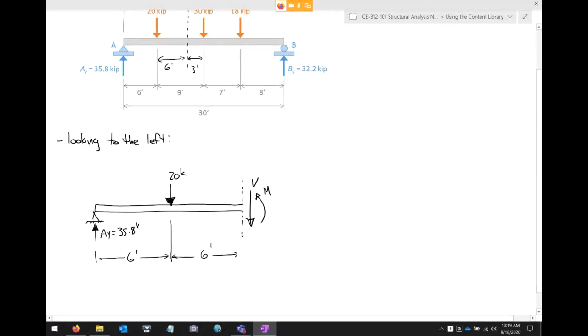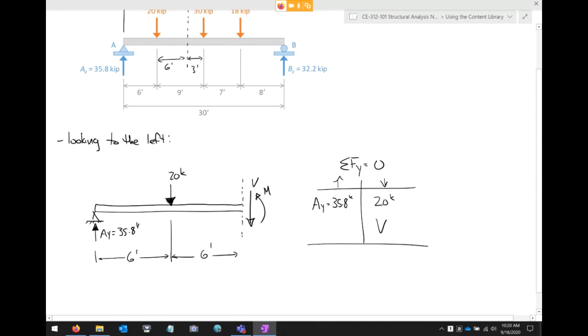Okay, so once you've got your free body drawn, the next thing you do is use equilibrium to handle the problem like you would any other. So we sum forces in the y direction, with everything going up and everything going down, and you just write it out like you see it on the free body. So I have Ay is 35.8 kips going up, I have 20 kips going down, and I have V going down.